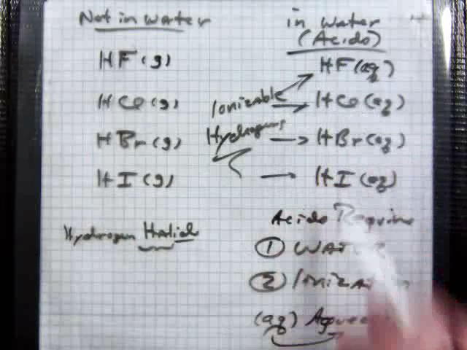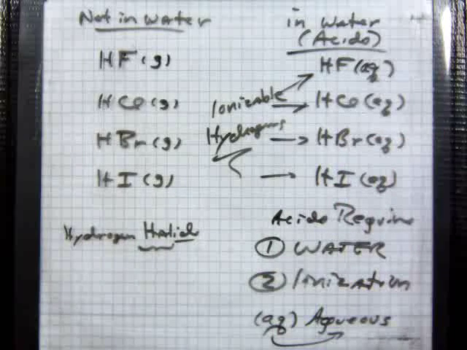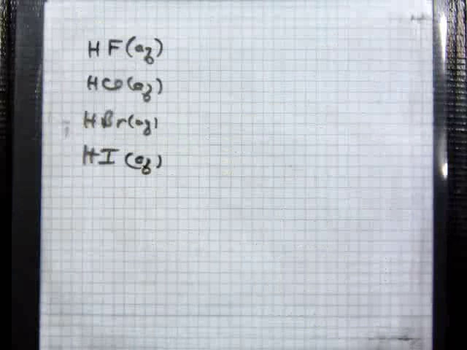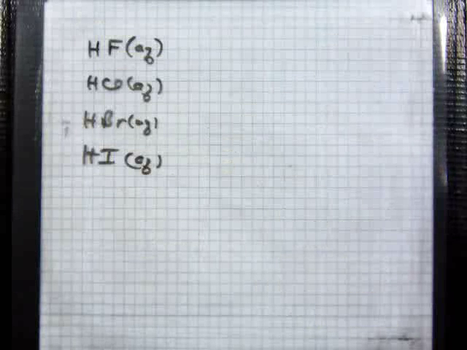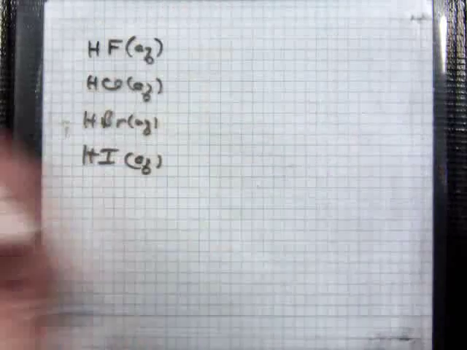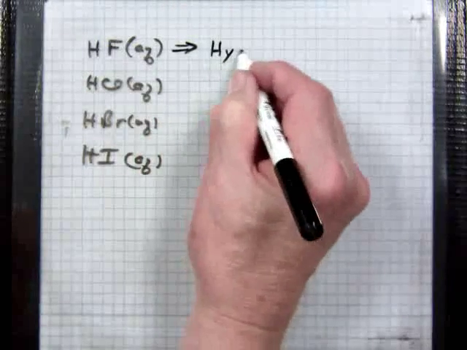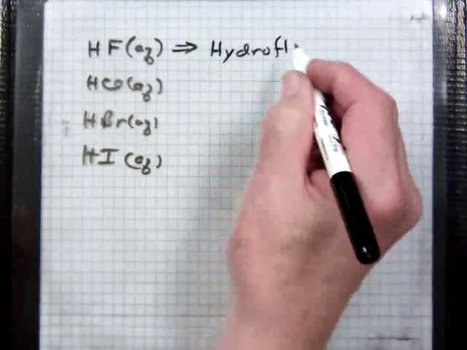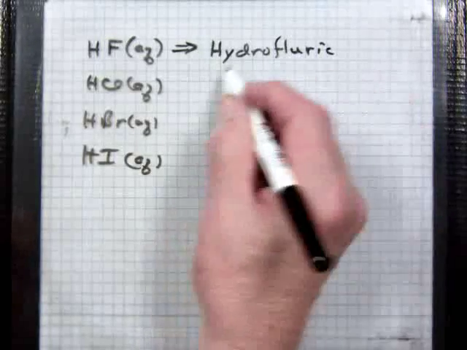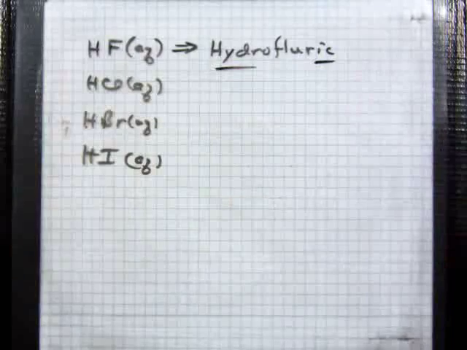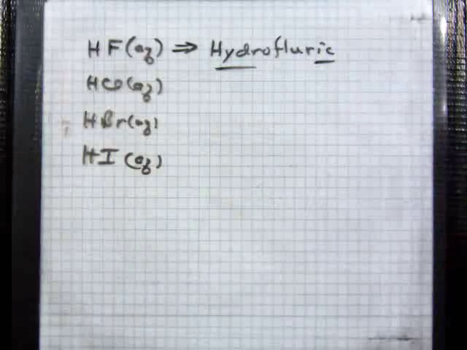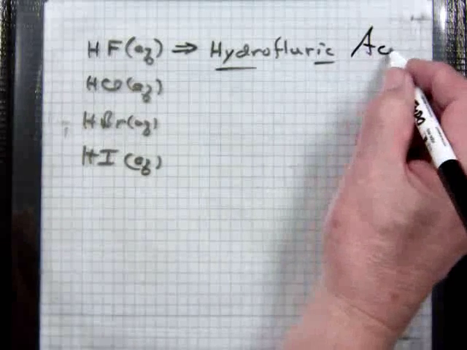But when you get over here, it's in water and it becomes an acid. If they're in water, as we're showing, this then becomes hydrofluoric. Hydro, and you get the FLUORIC, you'll get used to that. Fluoric, and then you tag it with acid.